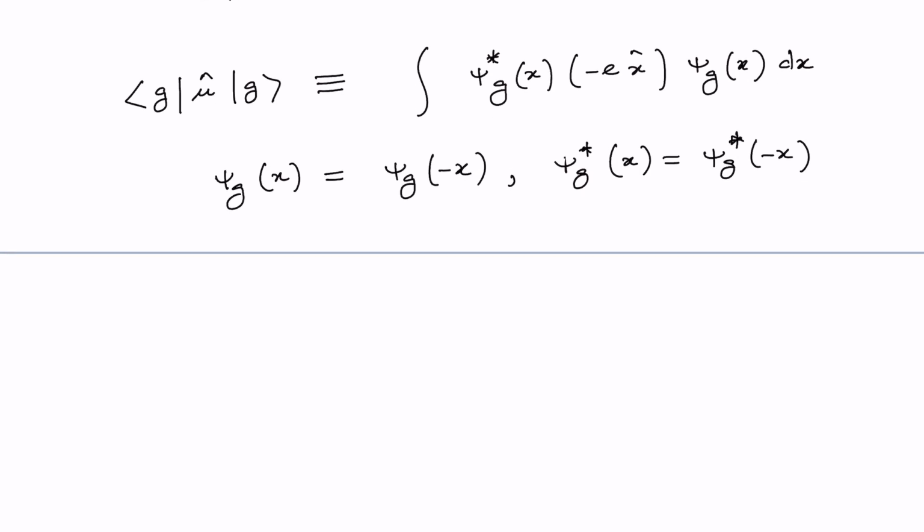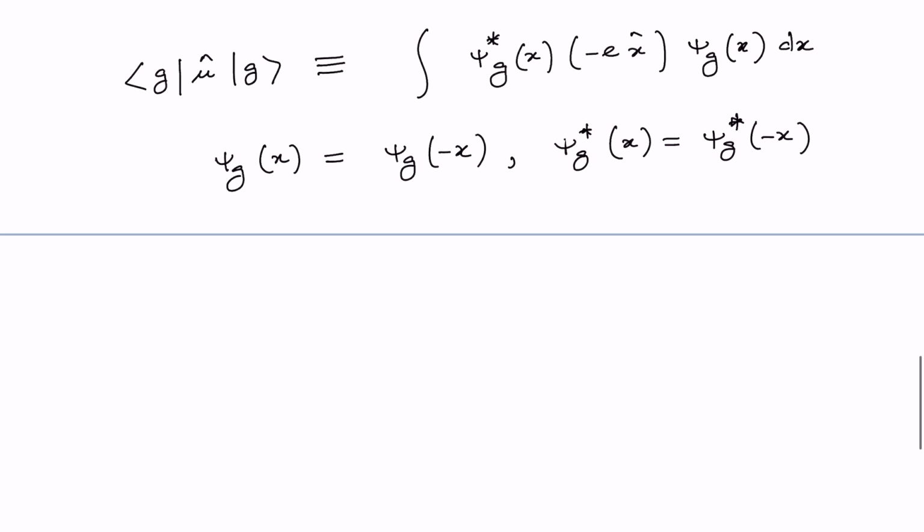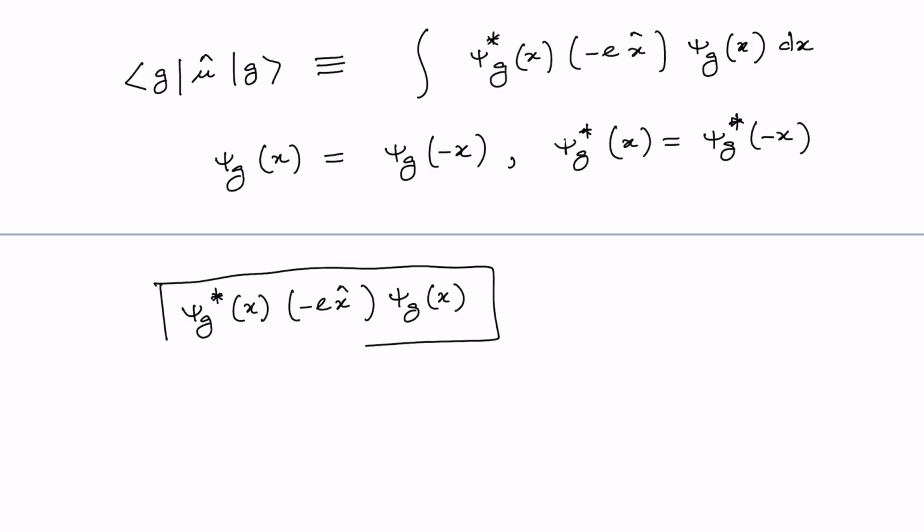You can also consider the case of odd parity. Then it is quite easy to see that ψ_g*(x)(−ex)ψ_g(x), this whole thing inside the integrand, is an odd function.